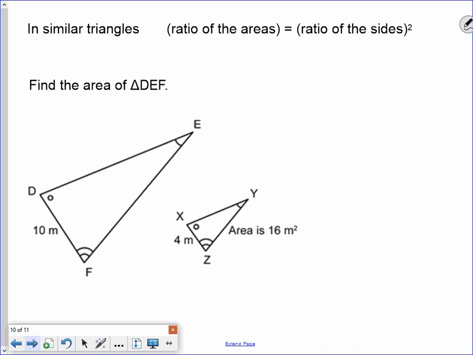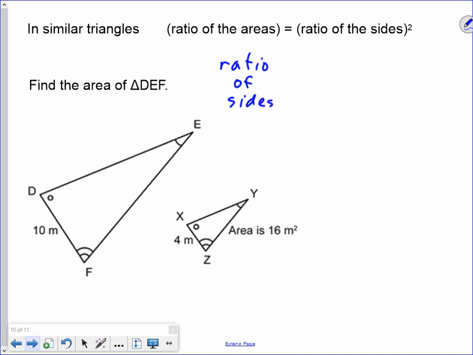So here we want to find the area of triangle DEF. And we can see that triangle DEF is similar to triangle XYZ because they've matched up the corresponding sides for us. So let's start by figuring out what is the ratio of the sides between our two triangles.